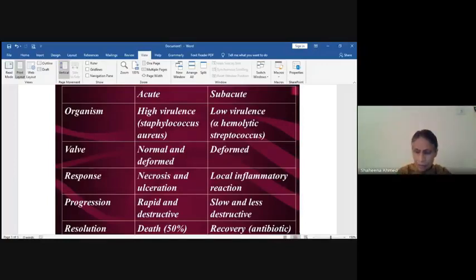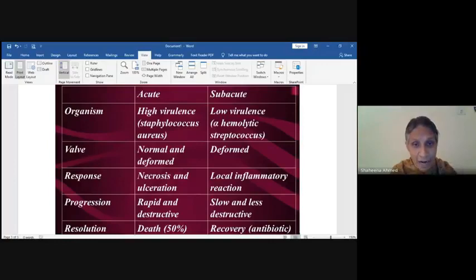Now, if you look at the toxicity in acute inflammation, it will present as an acutely toxic patient, whereas a subacute patient will show mild toxicity. That patient will not show severe toxemia. Now, if we look at the focus of infection, where acute cases are concerned, the focus of infection is going to be well defined.